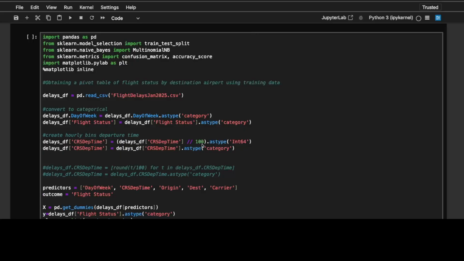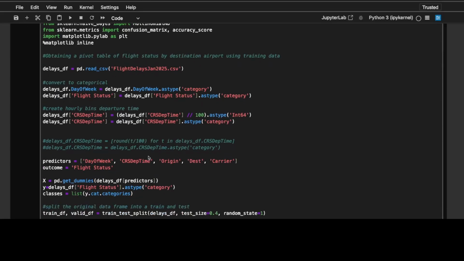Once that is done, this creates hourly bins like 6, 7, 8, and so on. This binning is important. Rather than treating departure time as a continuous variable, we treat it as a categorical variable. Flights departing at 8 a.m. might have different delay patterns than flights at 6 p.m. So that's something which we do here by binning.